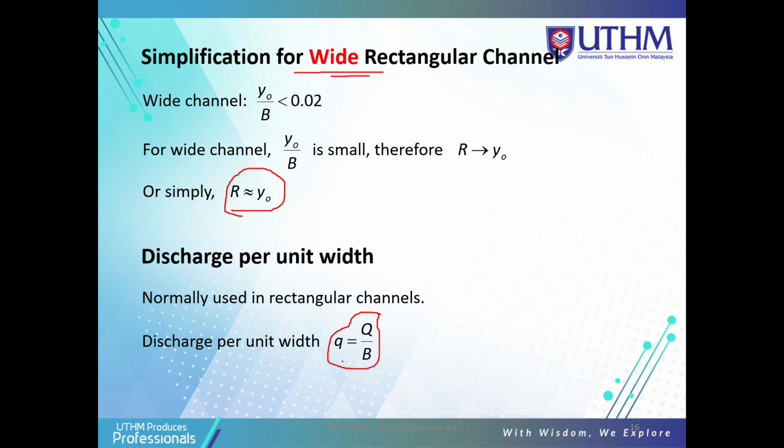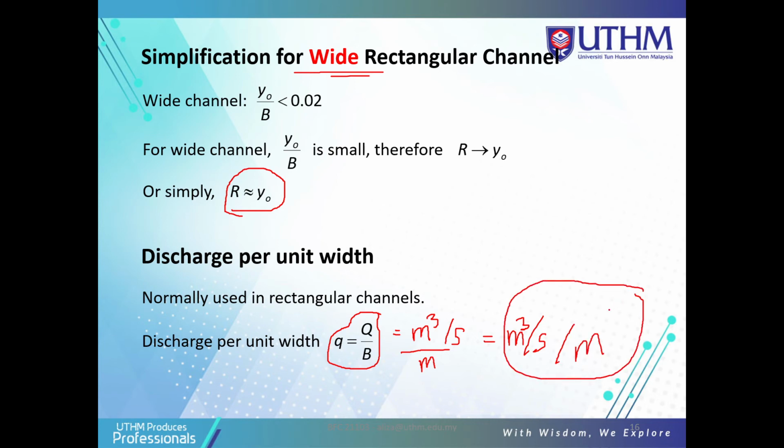This small q is called discharge per unit width, and this big Q is discharge. Just remember that Q has units of meter cube per second and B is in meters. So the discharge per unit width is in meter cube per second per meter.